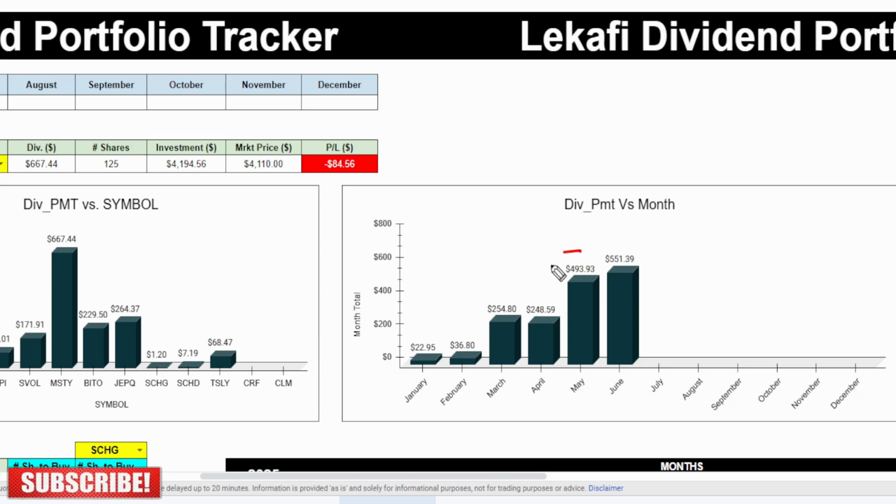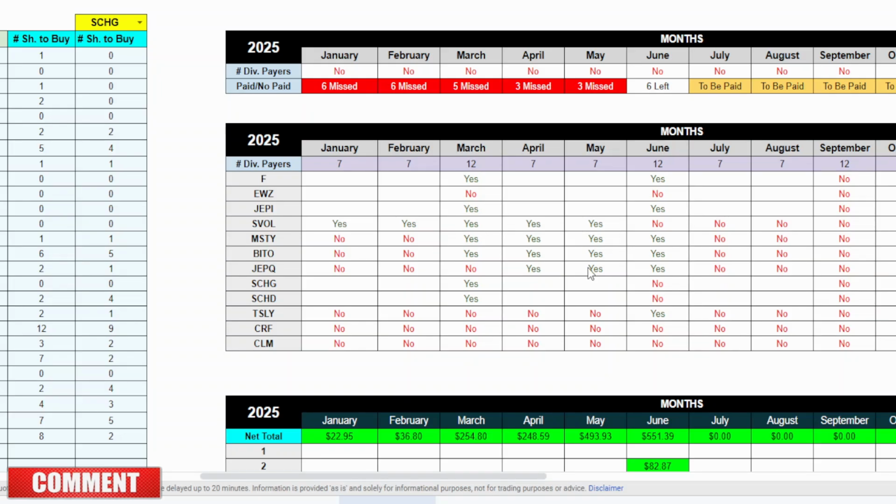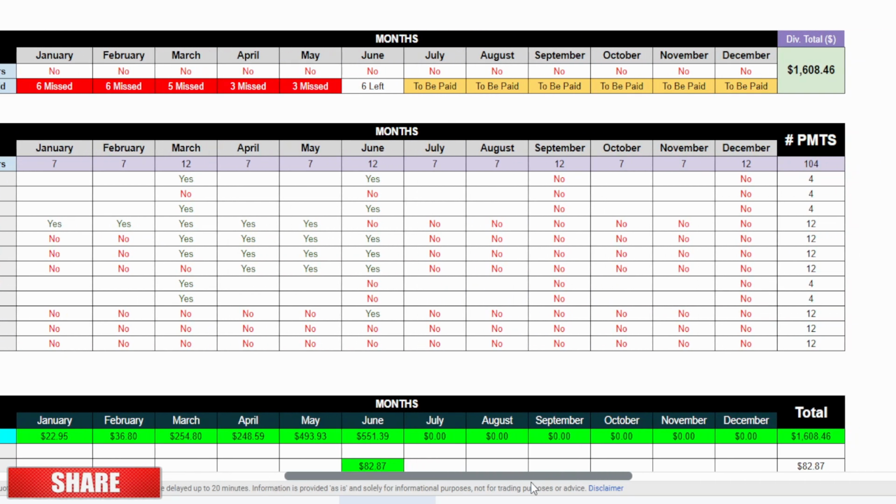Last month, we were at 493. This month of June, we are at 551. But guess what? We haven't even finished collecting all the dividends. If you look here at our schedule, we still have 6 left to go.